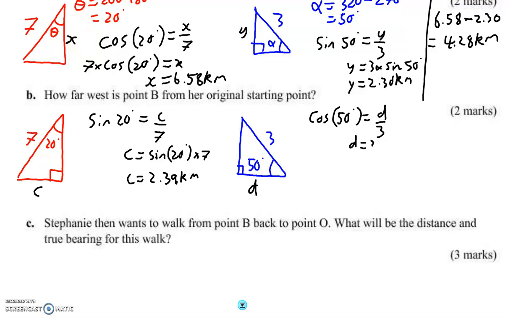D equals 3 times cos of 50 degrees, which means that D equals 1.93 kilometers.